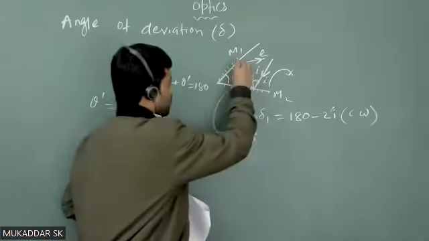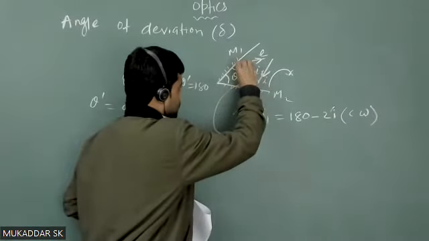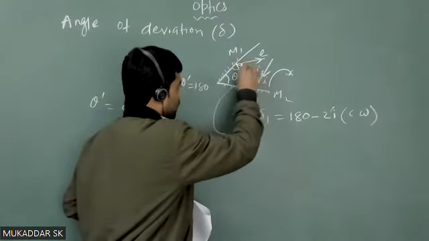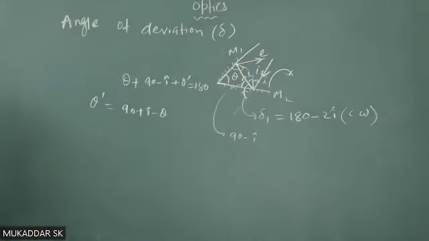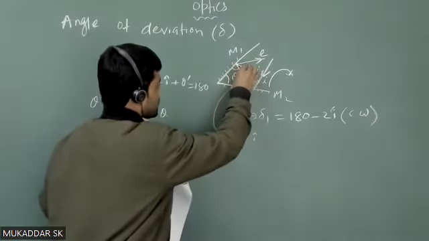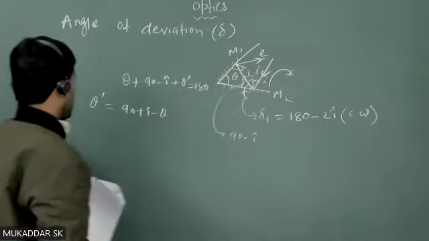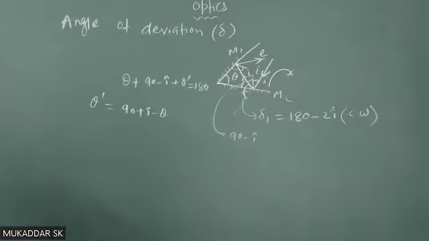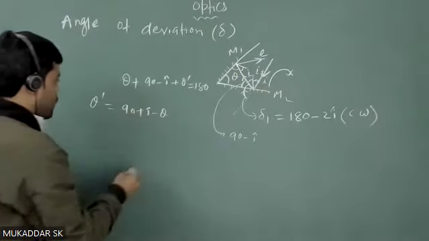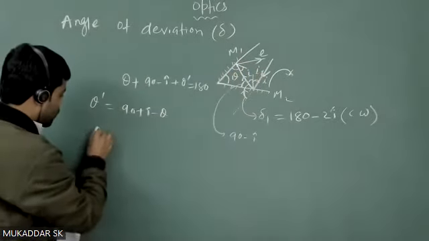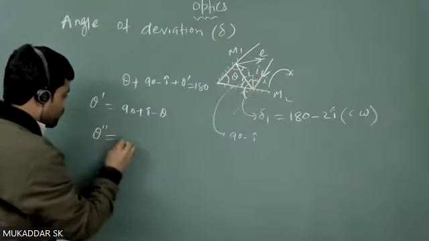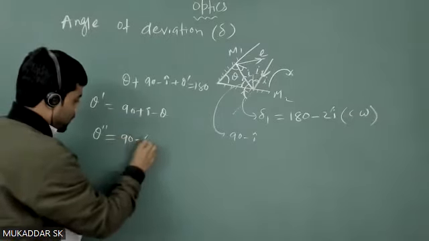Now if I make a normal here, because the ray is incident here, how much will be this angle? कितना आ जाएगा? So the total angle is how much? Theta prime plus this angle will be 90. But theta prime is 90 plus I minus theta. So this angle, let us give that notation, theta double prime, should be equal to 90 minus theta prime.